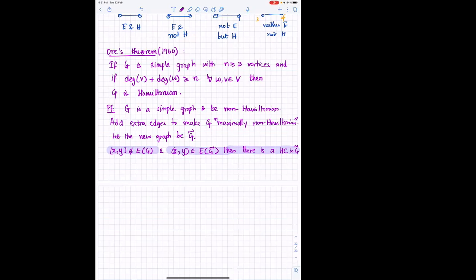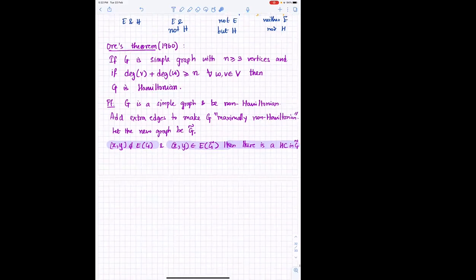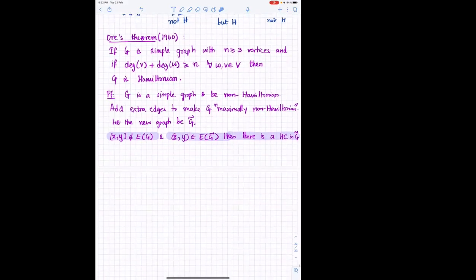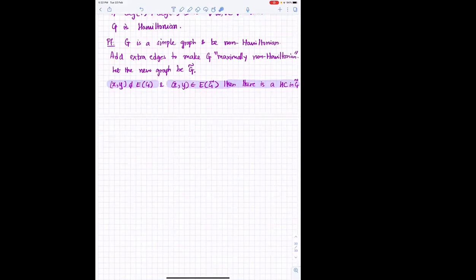It's not clear? Yeah, you should ask questions. So what do we know about G tilde from this property? From this fact, if I add xy to G tilde, then there is a Hamiltonian cycle. There is some property that you can extract out of this.